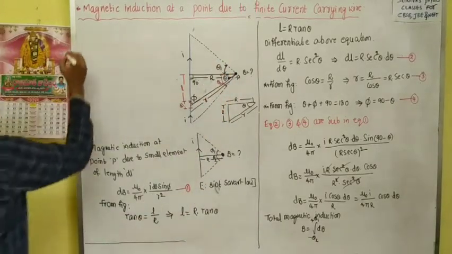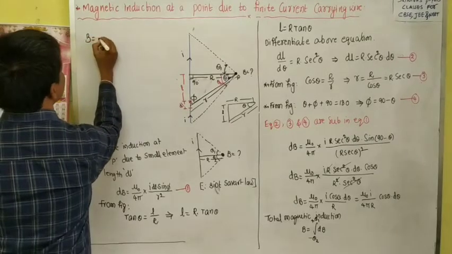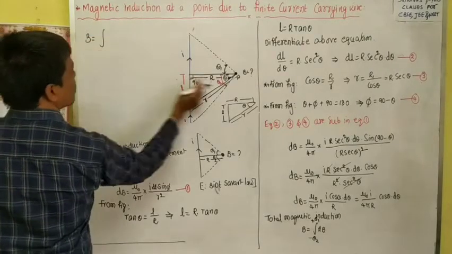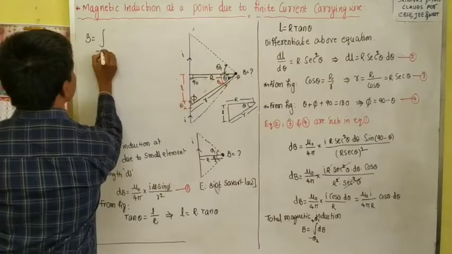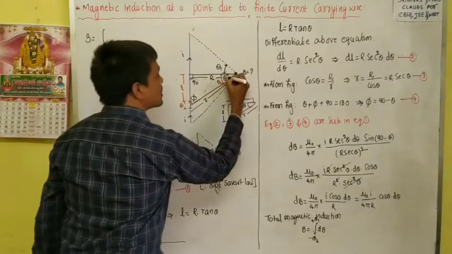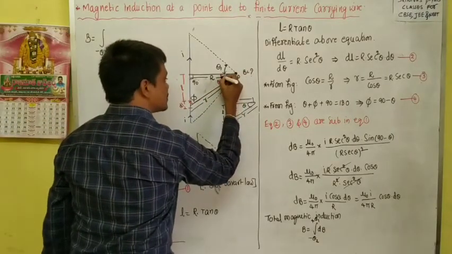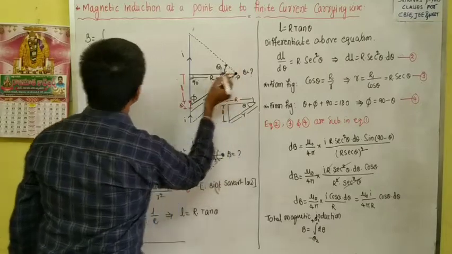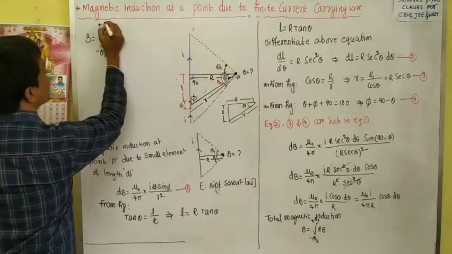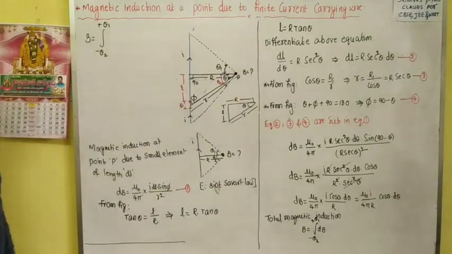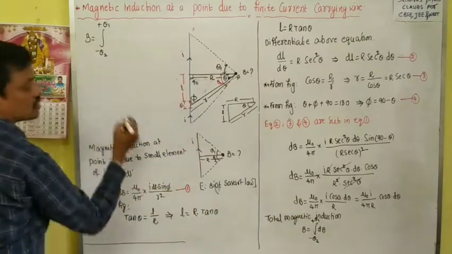Then we substitute the values, then B is equal to the integration, where the lowest angle is below, which is minus theta 2, and above is theta 1. We have to take the limits like this, and after that we substitute the dB value. What is the dB value?